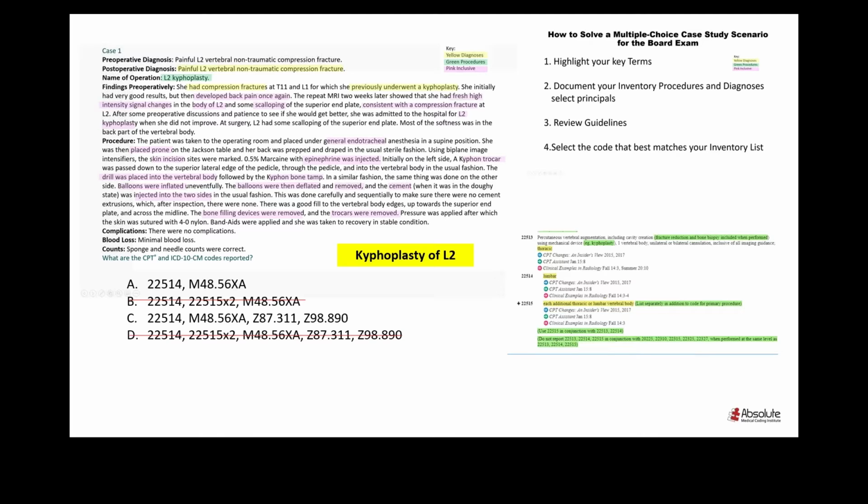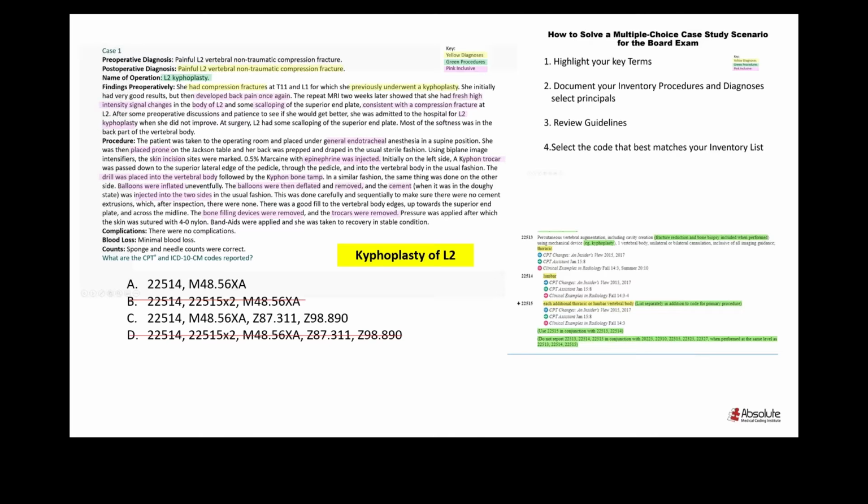But currently, she is admitted only for L2 kyphoplasty. That means she only has a compression fracture at one vertebral body, and that is L2. Given that, do we have to code for an additional thoracic or lumbar vertebral body? No, right? Only one vertebral body is treated here. So there is no need to code for 22515. I have eliminated option B and option D quickly, within maybe just 1 minute.